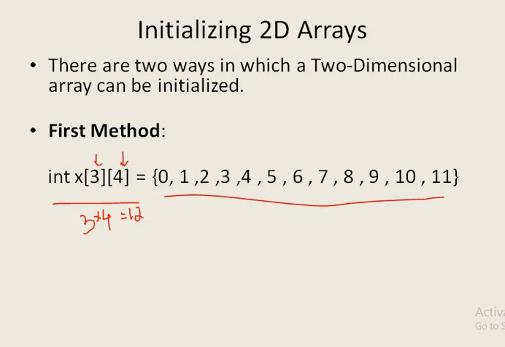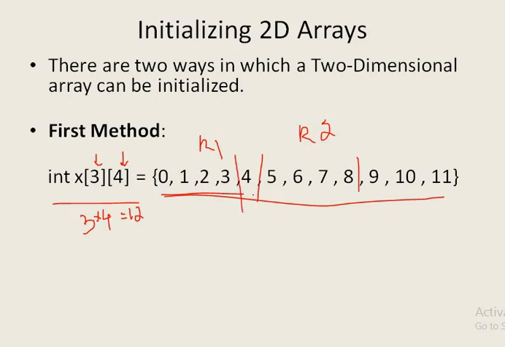In order to distinguish the different rows, we can say there are 3 different rows and 4 different columns. So, the first 4 elements will be belonging to the first row. The next 4 elements will be belonging to the second row, and the next 4 elements will be in the third row.